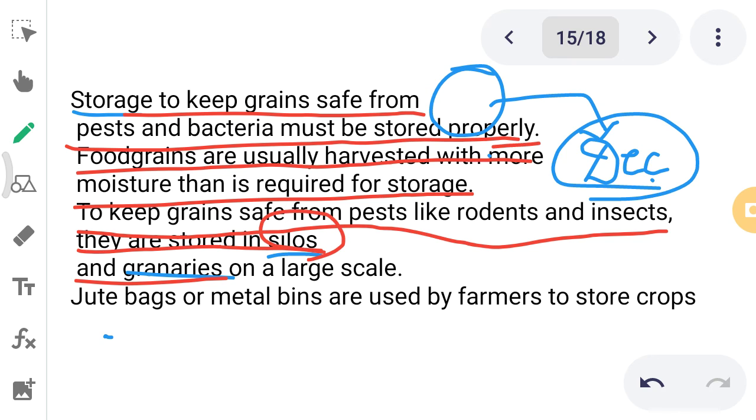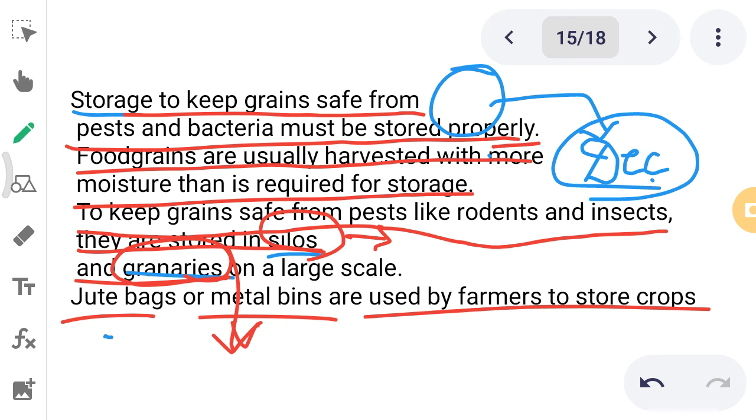Please put few keywords in your mind so that you can easily answer them in your exam and get full on full. So silos is one such word, granaries is one such word. Jute bags, metal bins are used by farmers to store crops. Silos and granaries are used on a large scale, but jute bags or metal bins are usually used by farmers where they are stored on a small scale.